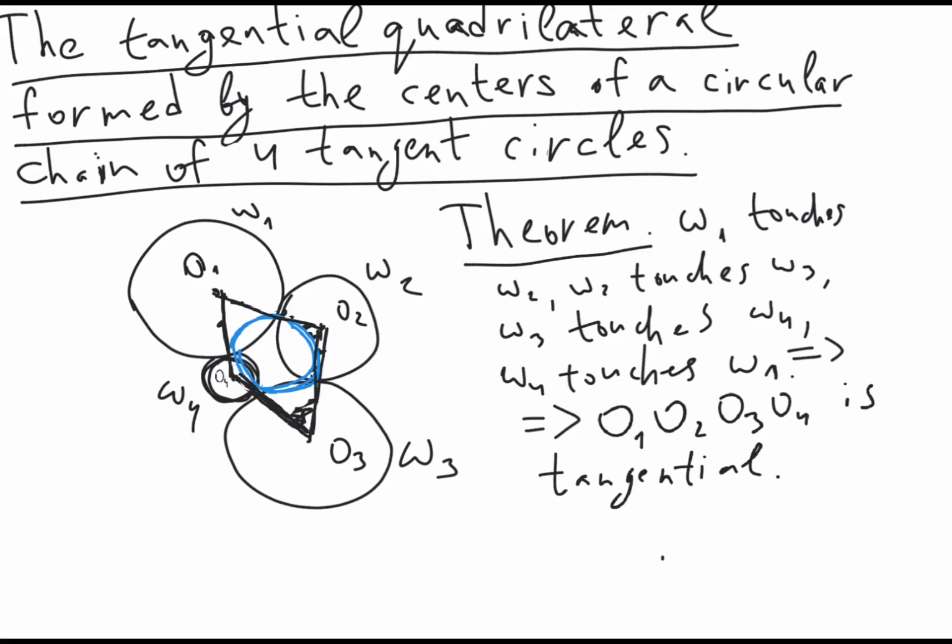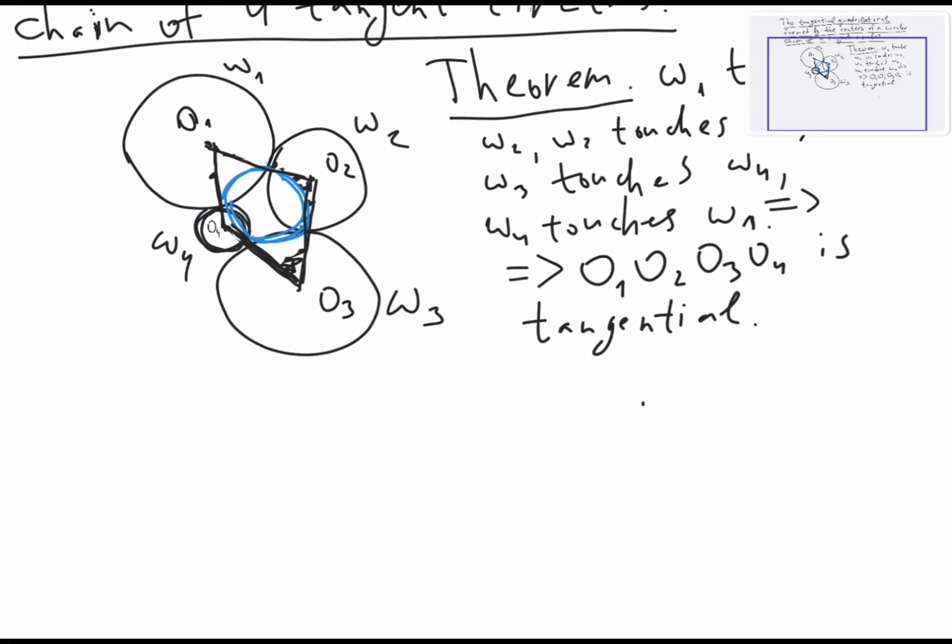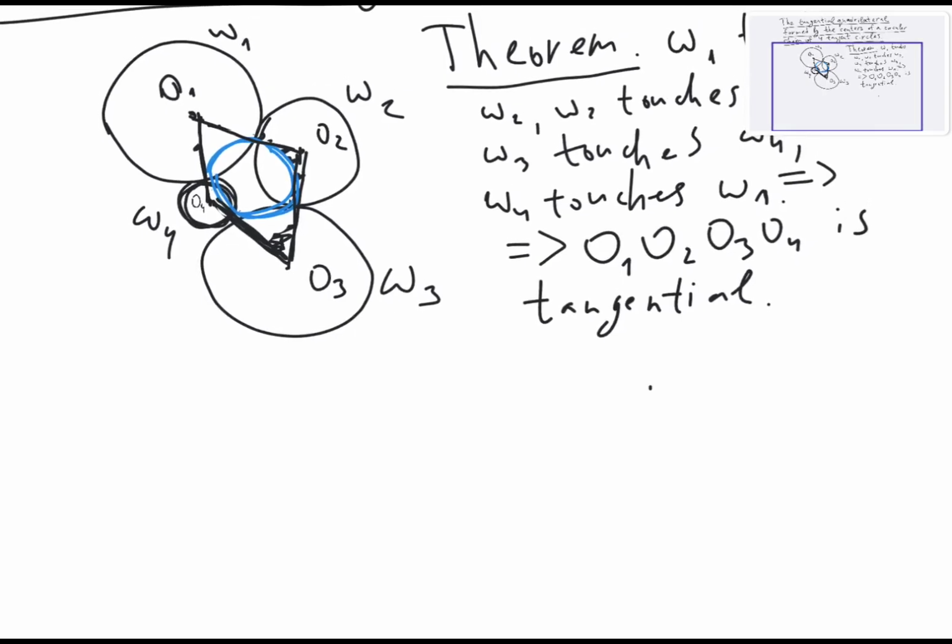So all sides are tangents to some circle. That's why it's called tangential. So let's prove this theorem. The proof is actually quite simple.